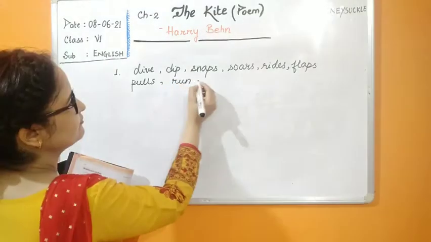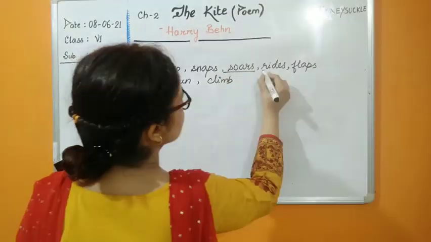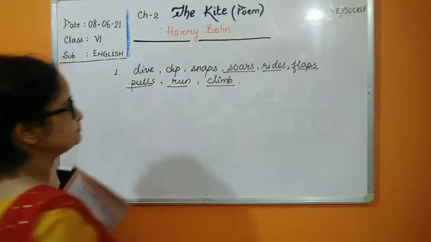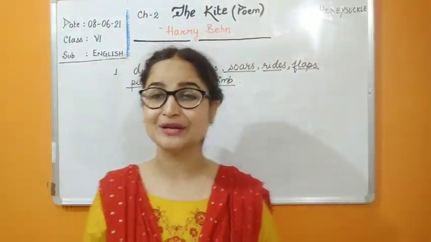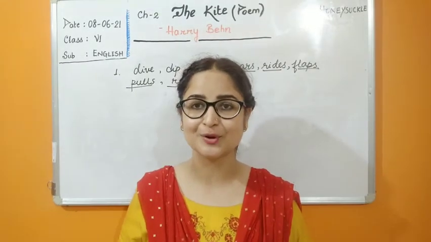Okay, also you have climb, you can write that as well. So these words you have to fill up in the blank. And you have to find the meanings of the words. So this will be your homework. Okay, this will be your assignment.